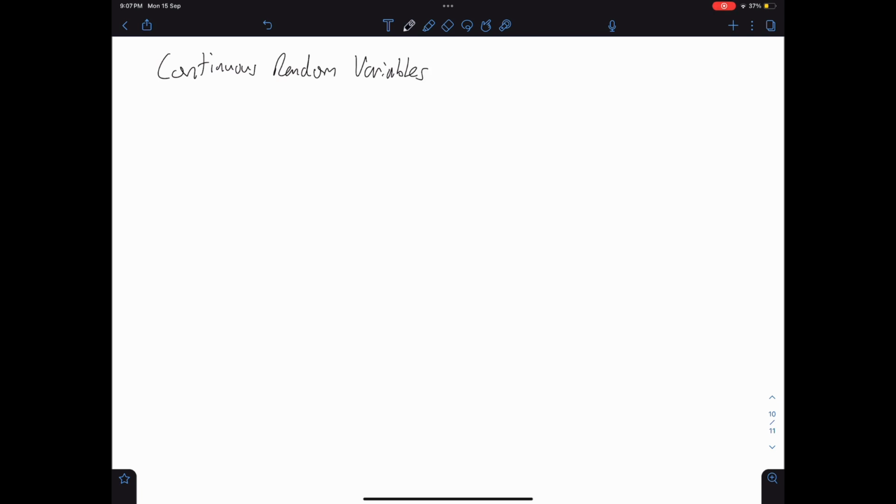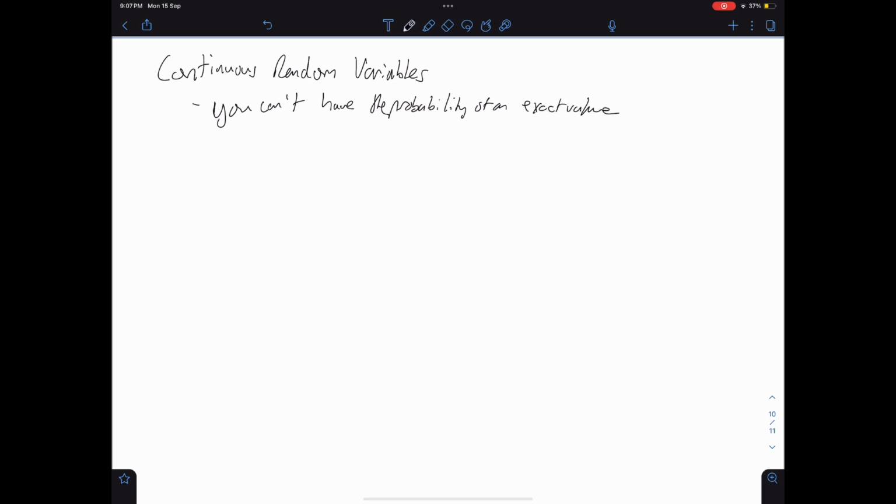And so in a continuous random variable, essentially, you can't have a probability of an exact value. It's impossible. Instead, you have a range.